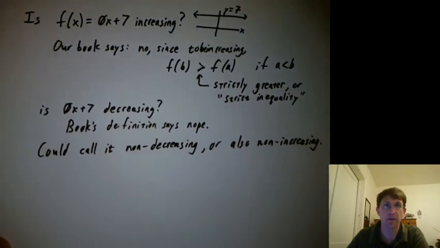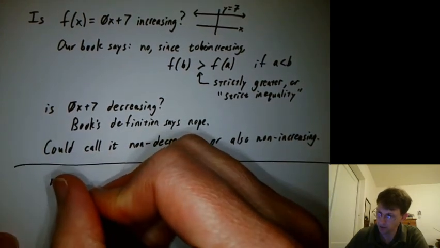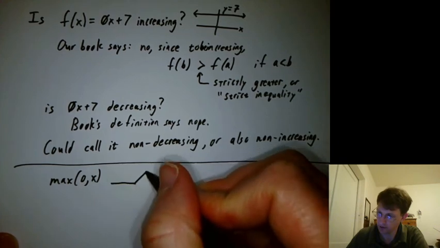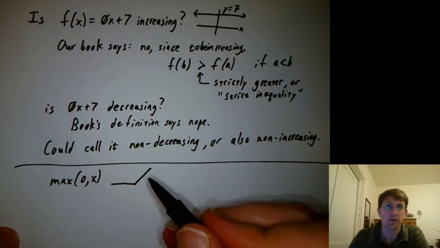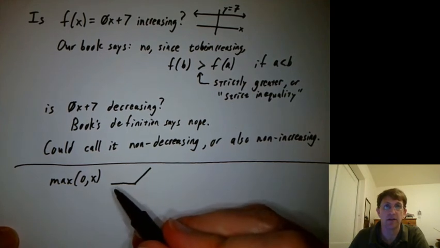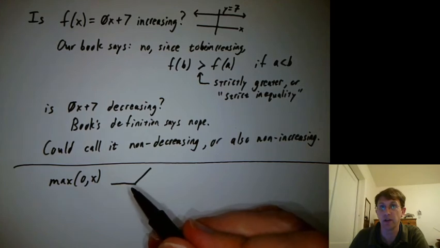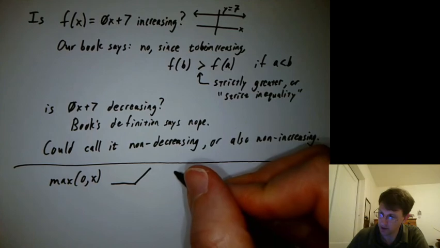Let's take a slightly more interesting function. How about max of 0, x? That looks like this. Is that function increasing? Well, over here it is, but over here it's constant. So overall the function is not purely increasing, but it's non-decreasing.